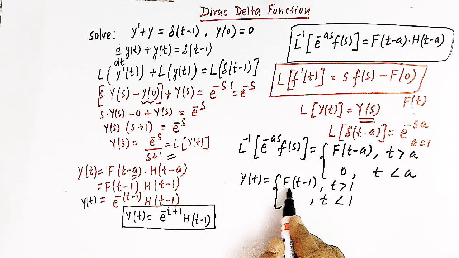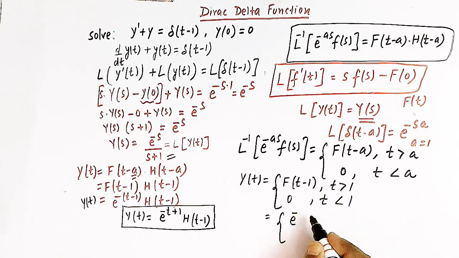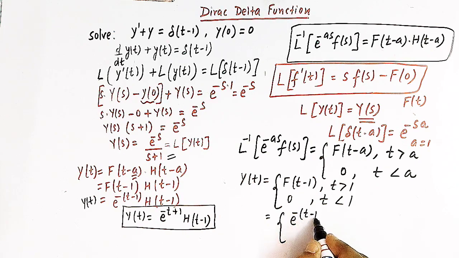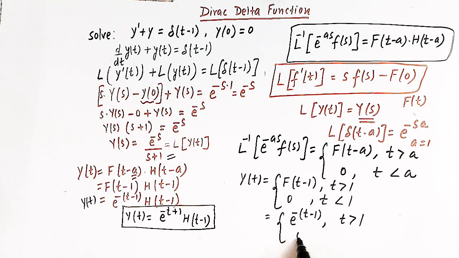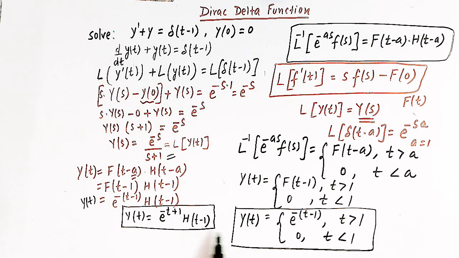And f of t minus 1 can be written as e raised to minus t minus 1 for t greater than 1, and 0 for t less than 1, right? So both these forms are equivalent.